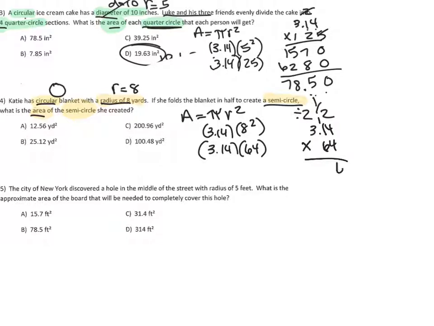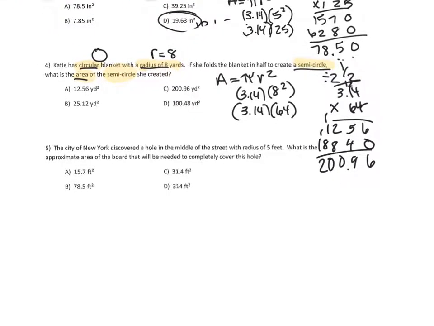So 4 times 4 is 16, 4 times 1 is 4, plus 1 is 5, 4 times 3 is 12, placeholder. 4 times 6, 24, 6 times 1 is 6, plus 2 is 8, and then 6 times 3, 18. So 200.96. But like I just said, it's a semicircle, so I'm going to divide by 2.